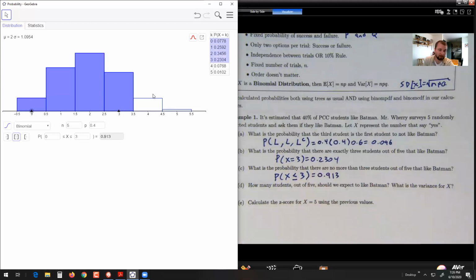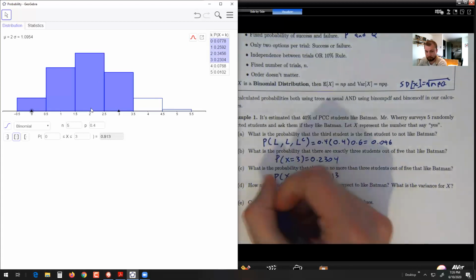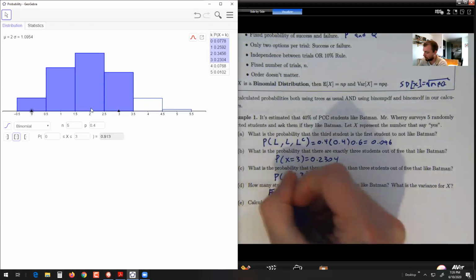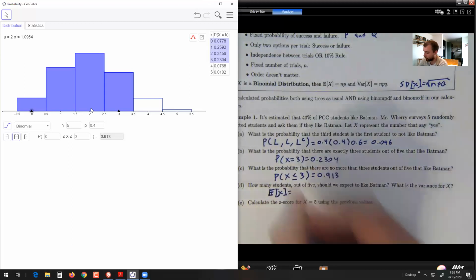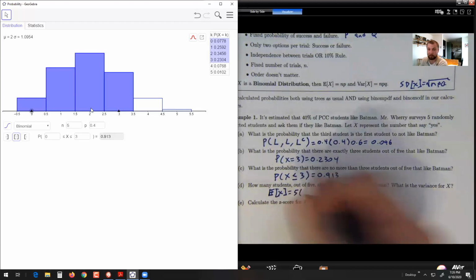Looking at this, it seems that the center of my graph is probably somewhere around 2 or so. Let's see if my formula matches up with that. My expected value is the number of trials, so this is out of 5 people, times my probability of success, which is 0.4.